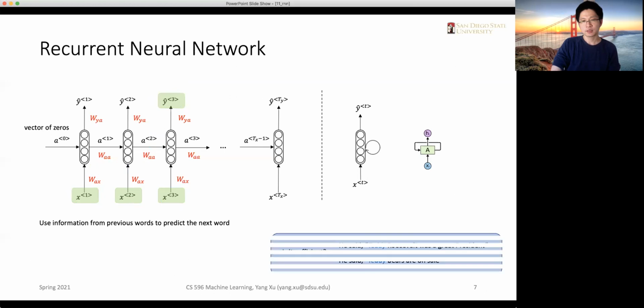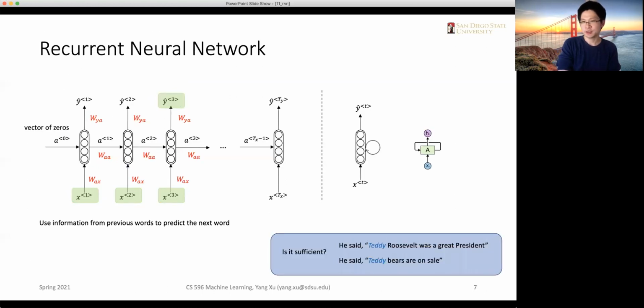So let's put this question here. We can think about whether this mechanism is sufficient. Let's use these two examples. I have two sentences listed here. The above sentence says, he said Teddy Roosevelt was a great president. And the second one says, he said teddy bears are on sale.